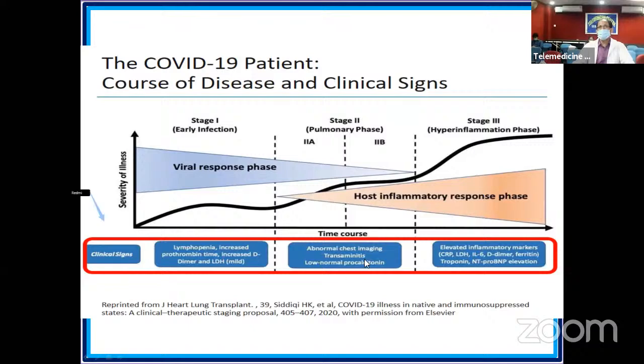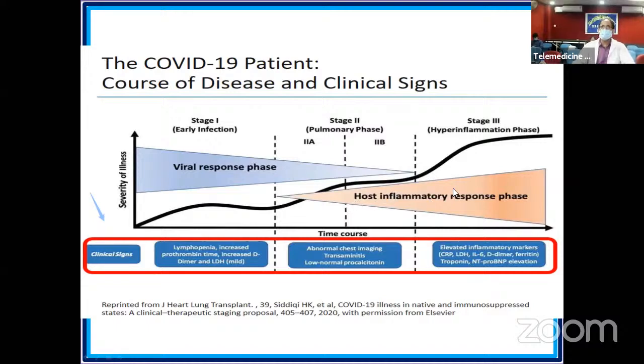We cannot do procalcitonin and D-dimer in all places. Procalcitonin is not increased in COVID; if a secondary bacterial infection is there, then procalcitonin can rise. So in this stage, CRP is important because we have to start steroids here. If we can assay the inflammatory markers, particularly CRP, then we can give an anti-inflammatory in the form of steroid.